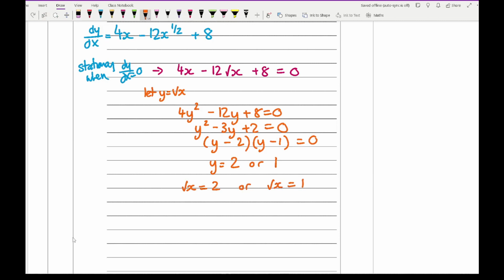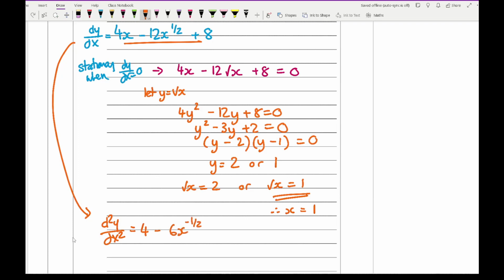As the question is asking me to prove that the curve has a maximum point at 1, which is what I've done, because we've got this here, therefore x equals 1. For it to have a maximum point, I then need to do the second derivative. If I work out d squared y over dx squared of this, what I end up with is 4 minus 6x to the power of minus a half.